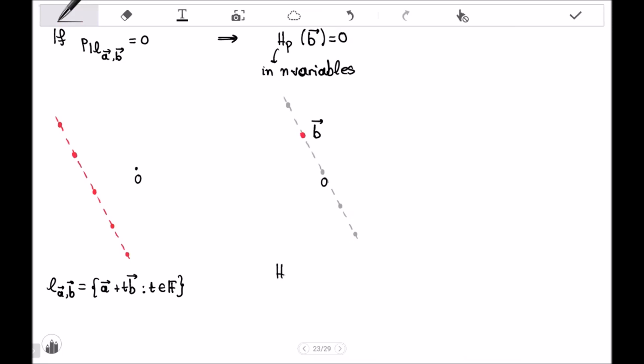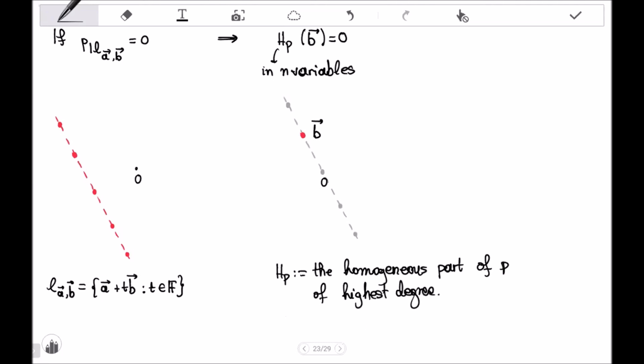So H_P is the homogeneous part of P of highest degree. You get the highest degree monomials of P, you add them together, and that is H_P. So it's part of P. And it's homogeneous, actually. So this means that it doesn't just vanish on this vector, it vanishes at all its multiples as well.